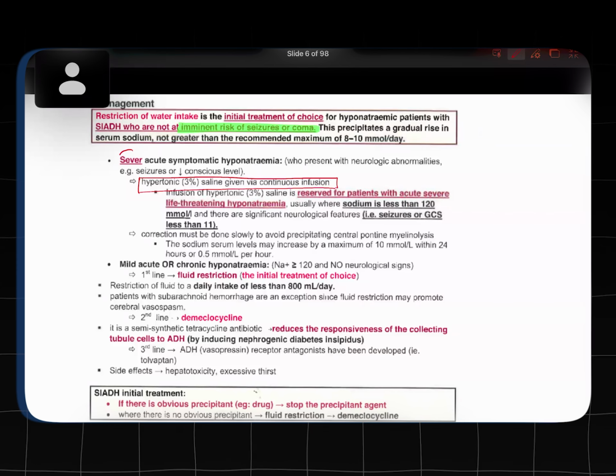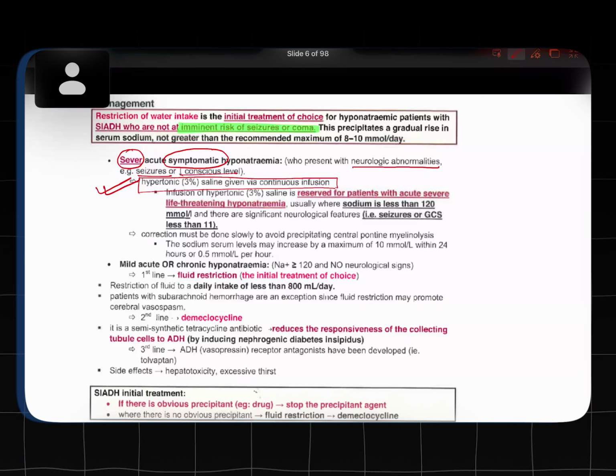But only if it is severe and symptomatic. So if the patient presents with neurologic abnormalities, that is seizures or poor GCS, then the treatment is 3% saline. Otherwise, 3% saline will not be the answer. If it is a chronic case, or if the patient has a full GCS and no seizures, then you have to just go with the fluid restriction.